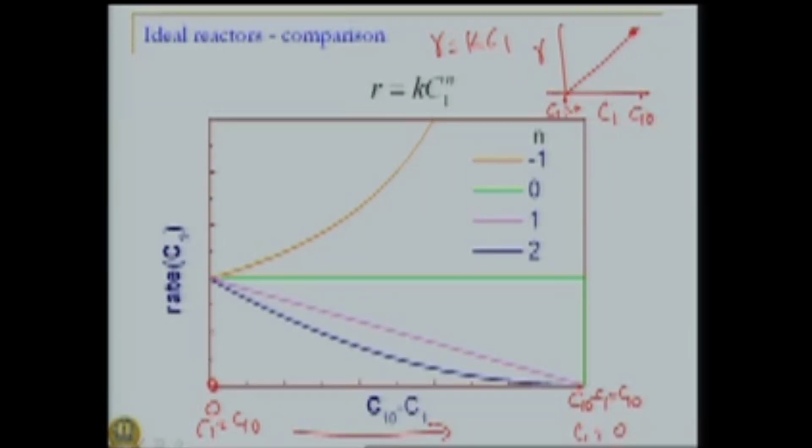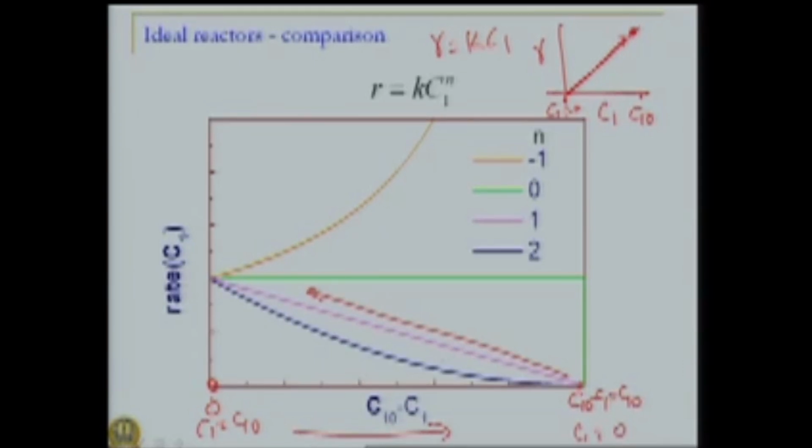As we go from concentration of 0 to C10, the rate increases, but the same thing is happening as we go from C1 equal to 0 in this bigger plot to C1 equal to C10: the rate is increasing along this violet line.